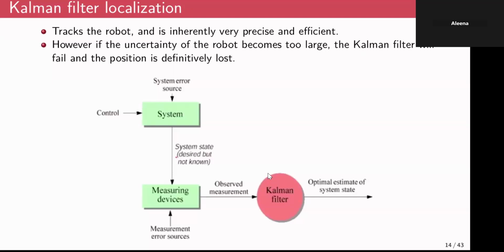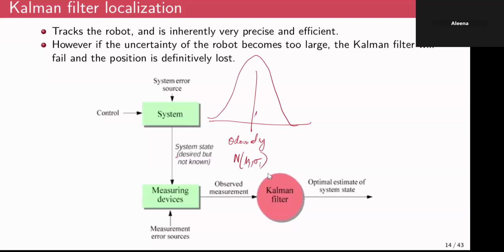So the working of the Kalman filter is based on the principle that there is an uncertainty in the odometry, right? That is defined. So the uncertainty in the odometry measurements is defined by this normal distribution N of mu and sigma 1.